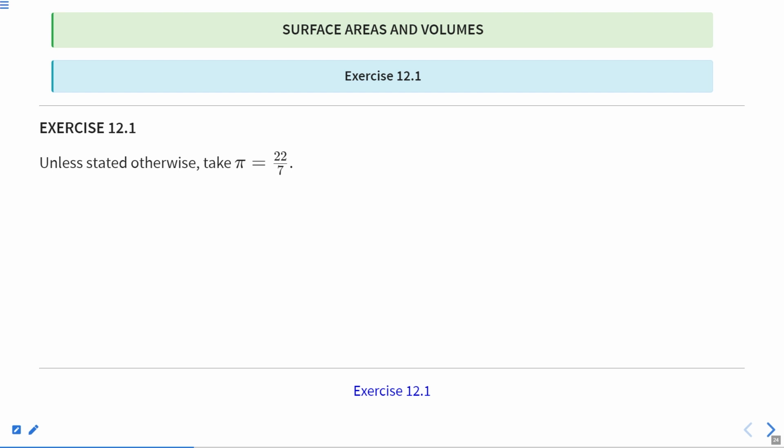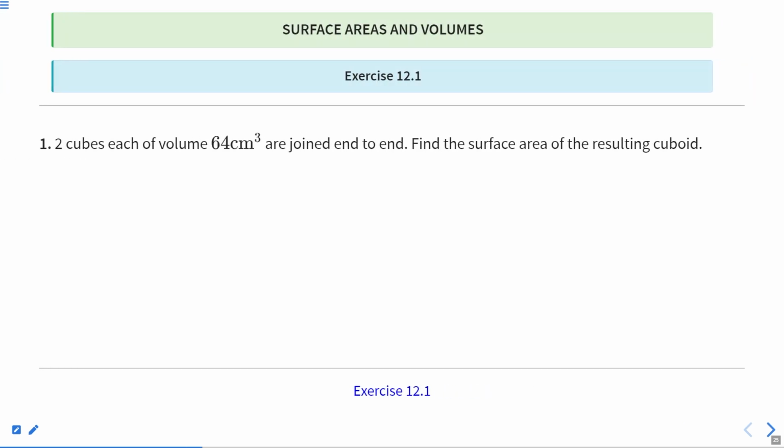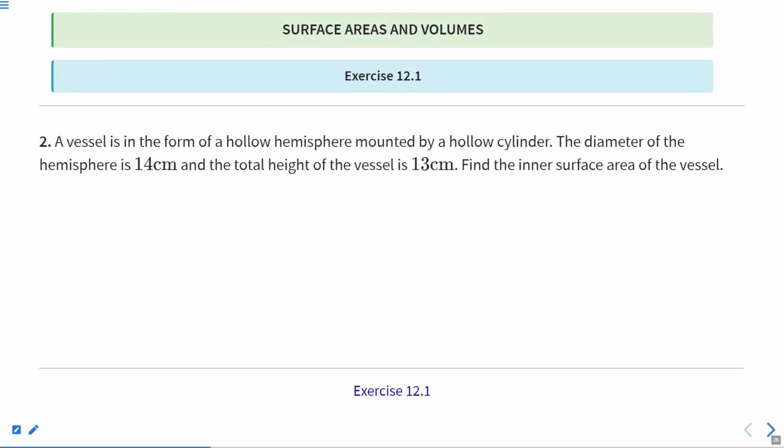So let's get started from question number 2. Here we have a vessel in the form of a hollow hemisphere mounted by a hollow cylinder. The diameter of the hemisphere is 14 centimeter and the total height of the vessel is 13 centimeter.